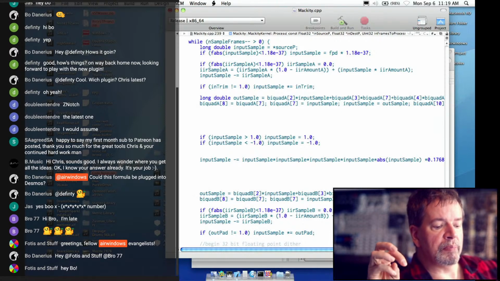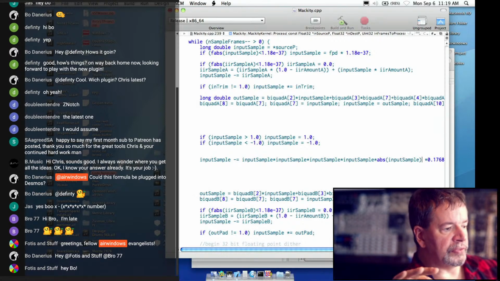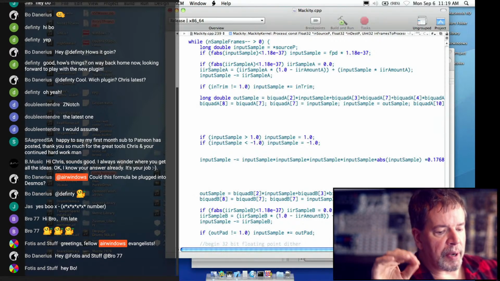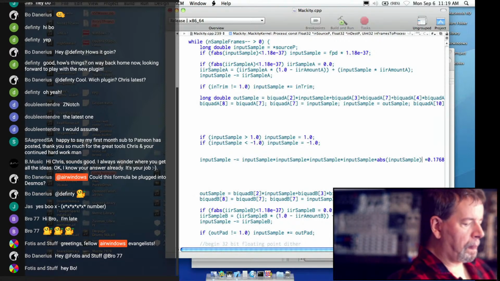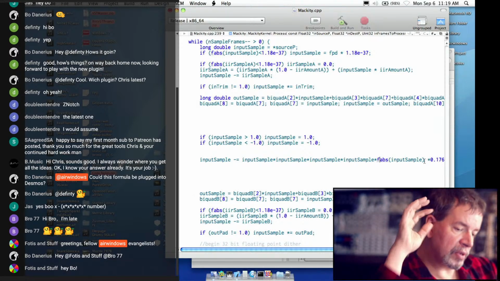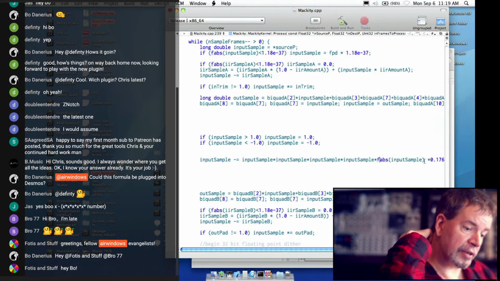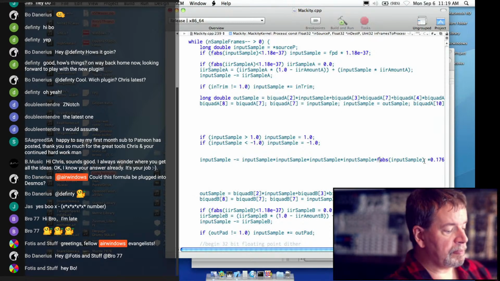Like if we're trying to do input sample times input sample, that's a very, very soft clip, but it is also an asymmetrical calculation. But then if we do input sample times absolute value, I think it's fabs that we use here, that's going to switch the type of calculation again. So what we've got is a set of calculations that can be done using any number of discrete power factors.